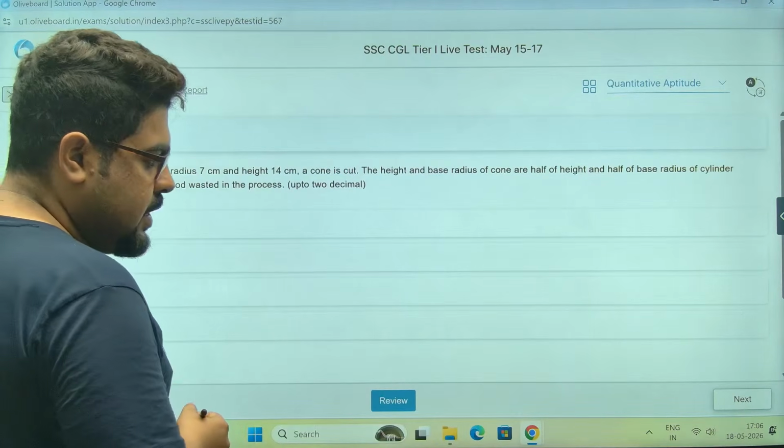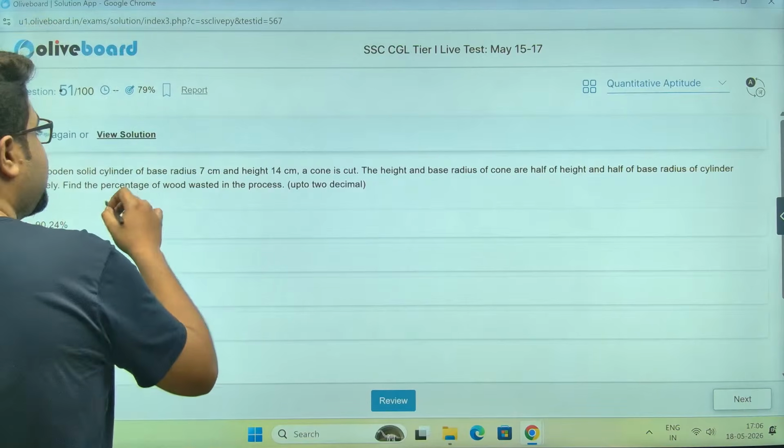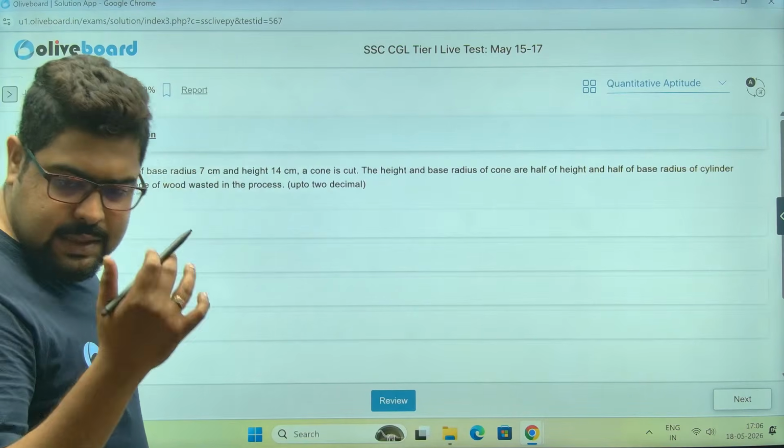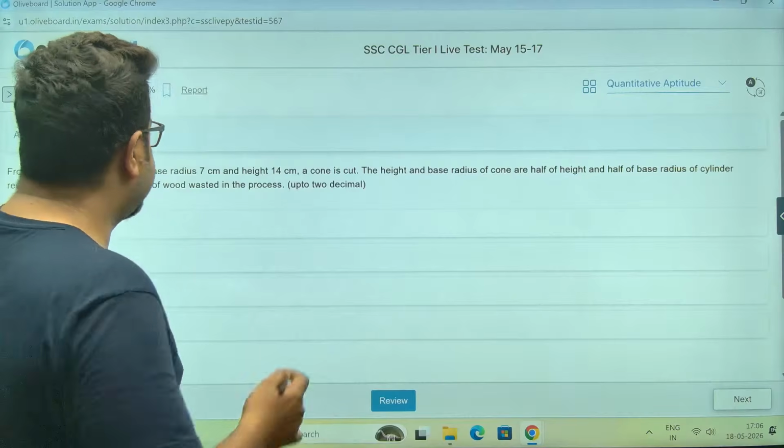So first let us figure out how much wood is required, then the remaining will be wasted.